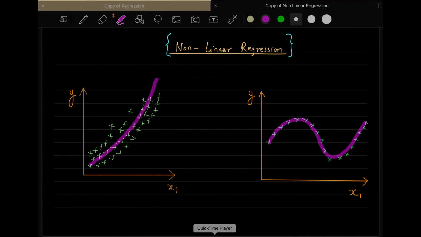What beauty these architectures have is that they automatically detect this pattern, like what kind of features they actually need to fit this data. Instead of us providing that to the algorithm, they automatically detect that it needs x square or it needs sin x, using an important theorem in deep learning, which is the universal approximation theorem.